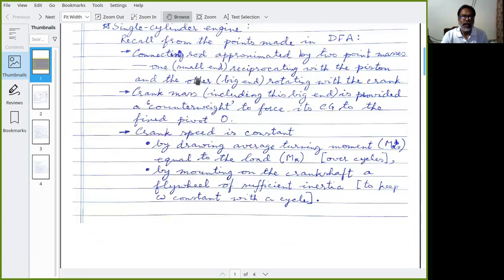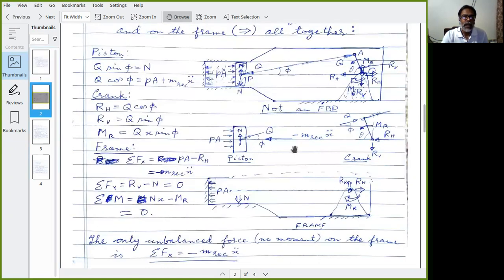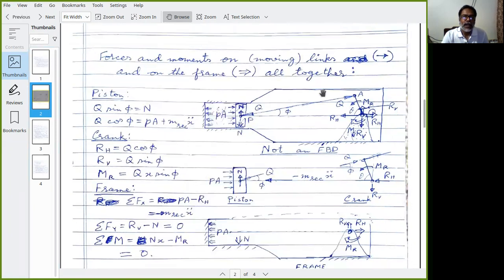So, these things we keep in mind as we continue the study of that same mechanism. See, in this diagram all the forces and moments on the moving links as well as on the frame. That is, all the links together.